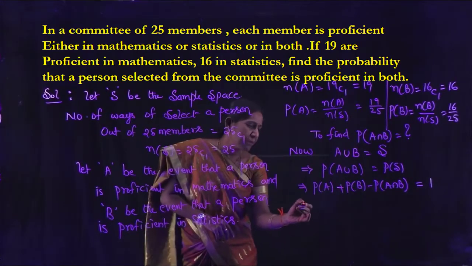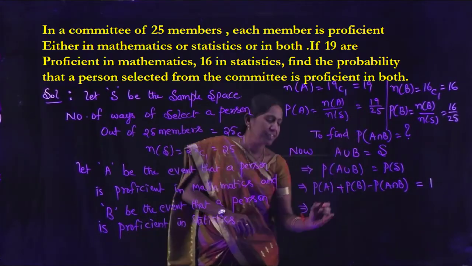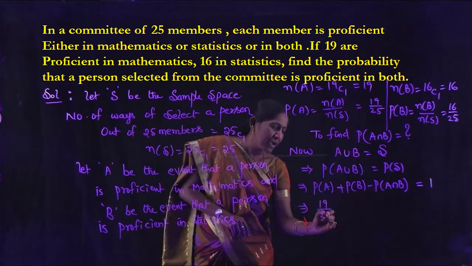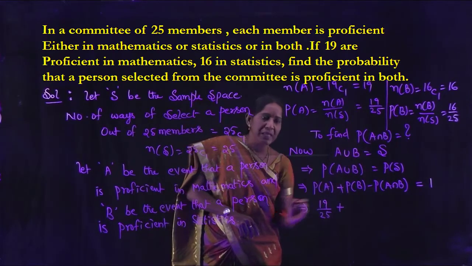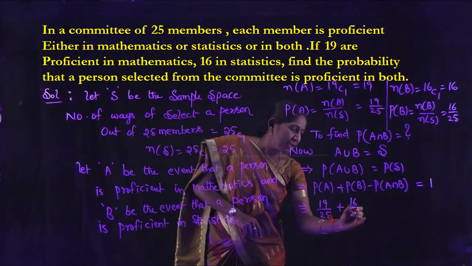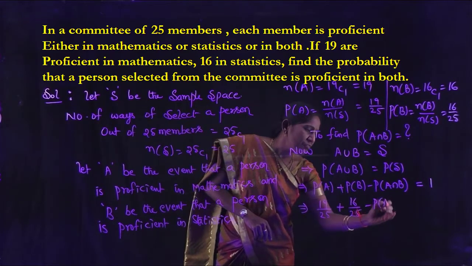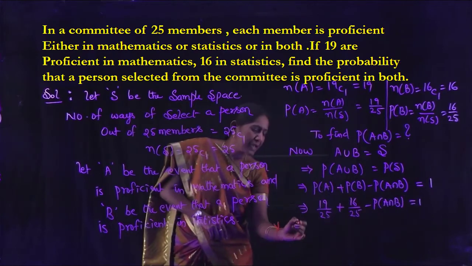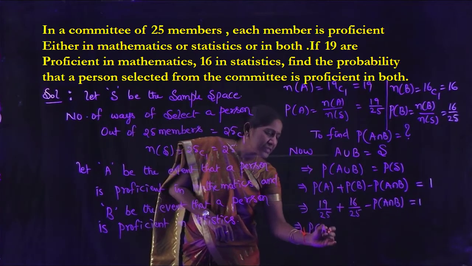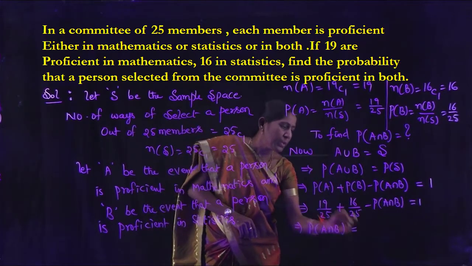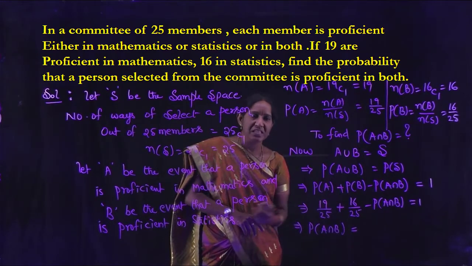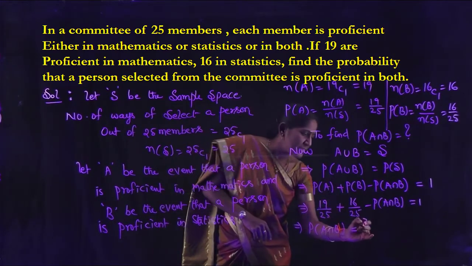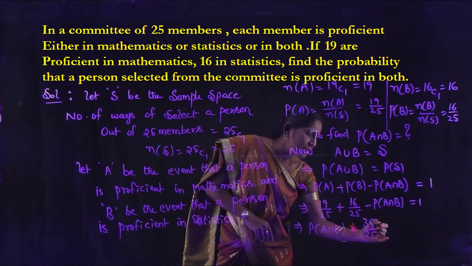So this implies the value of P of A is 19 by 25, the value of P of B is 16 by 25, minus P of A intersection B, that equals 1. This implies P of A intersection B equal to 19 by 25 plus 16 by 25, that is 35 by 25, minus 1.